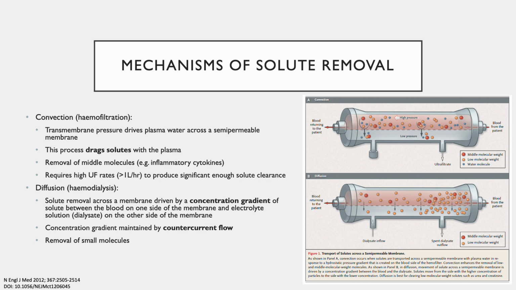In order to achieve significant solute removal through convection, high ultrafiltration rates are required. As such, in conventional or intermittent hemodialysis, where we still do some degree of ultrafiltration to remove fluid, the actual solute removal accrued from this process is very minimal.